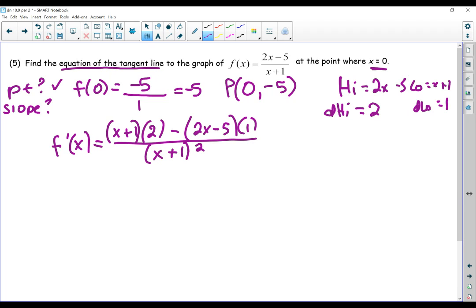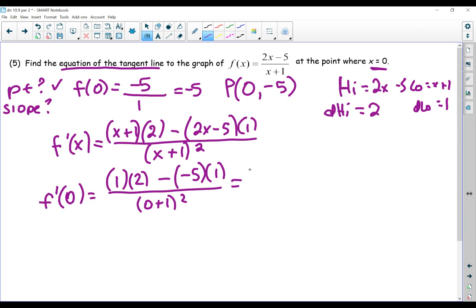Okay. Now, you can clean this function up right now. You can also plug in your point and then clean it up. It's going to be up to you. I know I just have a derivative function and I need to find the slope at 0, so I'm going to plug in 0 into the unsimplified version, which is just a little easier for me.